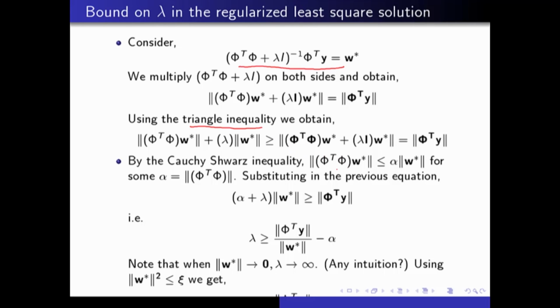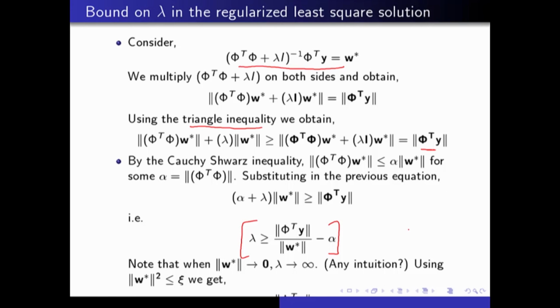Next, we also invoke the Cauchy-Schwarz inequality. The norm of phi transpose phi W star is less than or equal to alpha times the norm of W star, where alpha is the norm of phi transpose phi. So if you substitute this, you get alpha plus lambda times the norm of W star should be greater than or equal to the original right hand side, phi transpose y. What does this tell us? Well, it says that lambda is lower bounded by phi transpose y divided by norm W star, minus alpha.